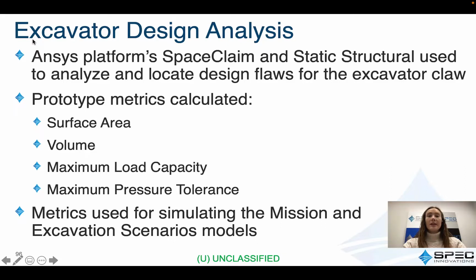These prototype excavator claw metrics included surface area, volume, maximum load capacity, and maximum pressure tolerance. After this analysis, the results and metrics were inputted in the mission and excavation scenario models previously demonstrated in order to create higher fidelity simulations and results.